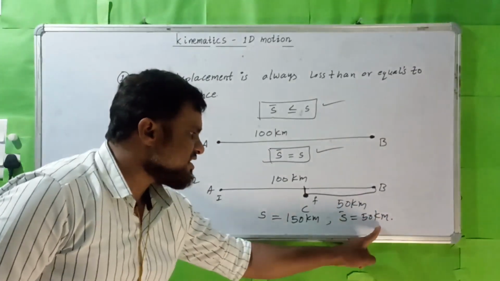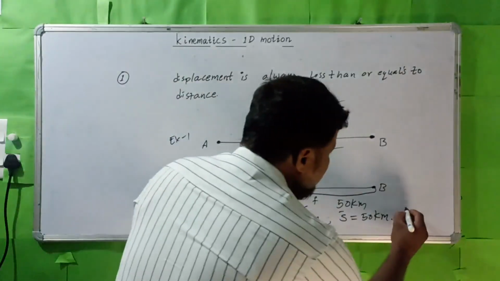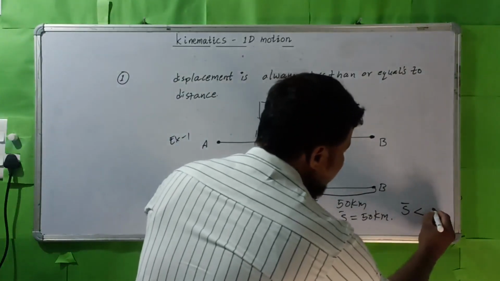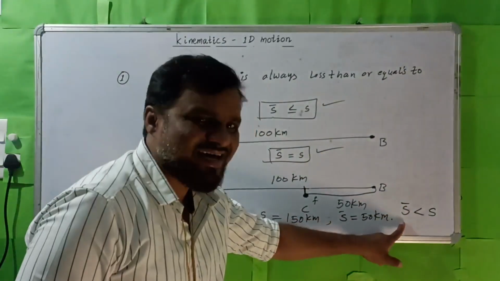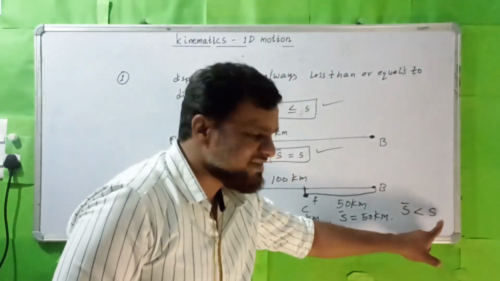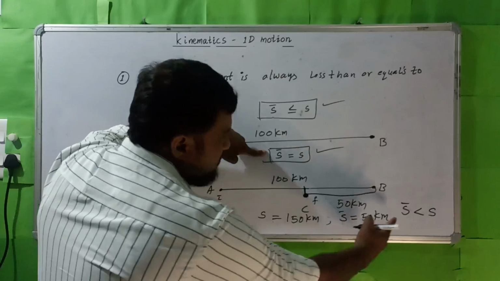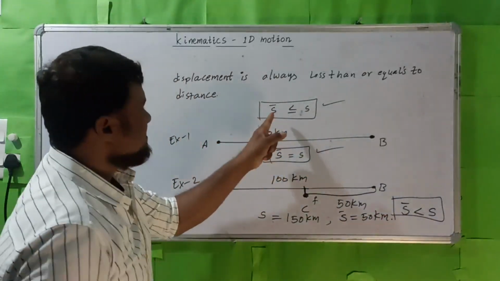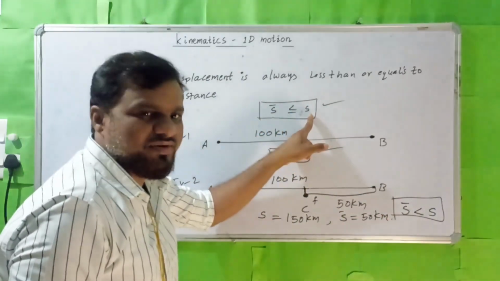S bar is 50 kilometers, S is 150 kilometers. So S bar, the displacement, is lesser than S. Mathematically, displacement is less than distance. So from these two examples, we can understand displacement is always less than or equal to distance.